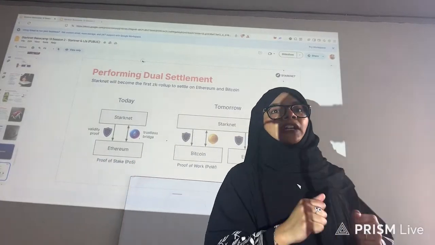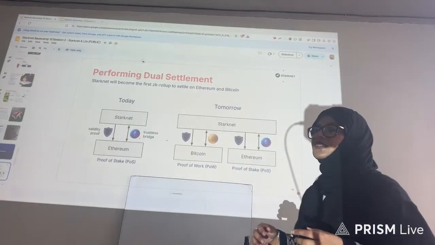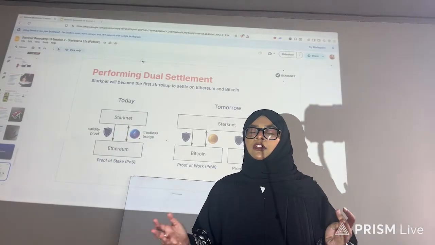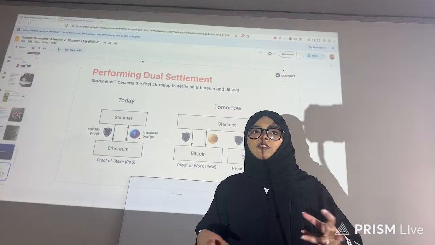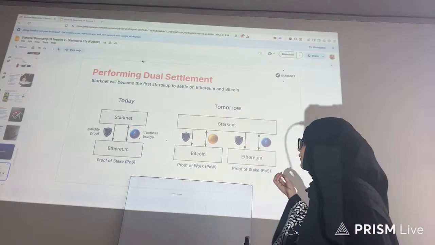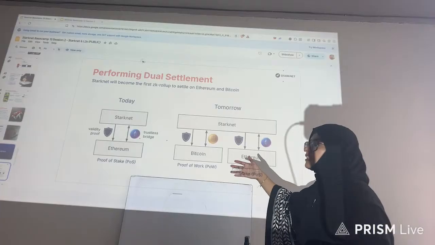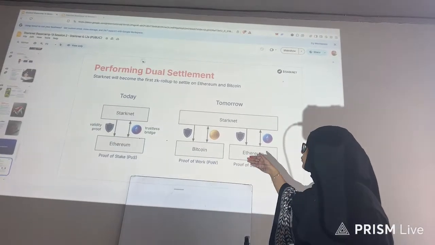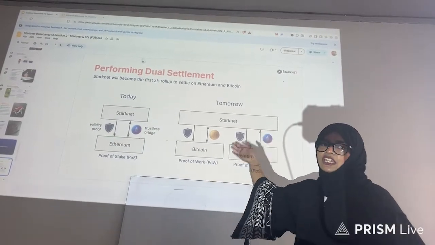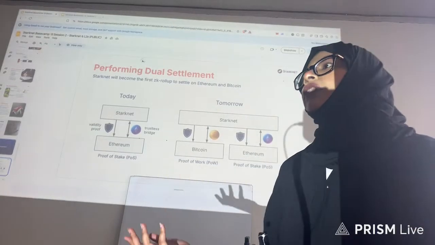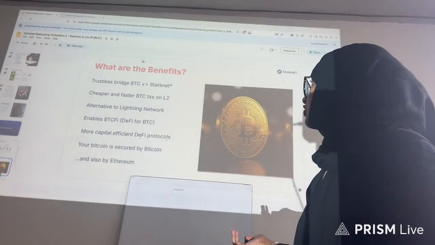But for Bitcoin as well, so that it's not just some wrapped token that you are presuming to be your Bitcoin, they want to directly verify and settle your digital assets on chain. So how do they establish that connection for Bitcoin? That's what we're talking about, Bitcoin integration here.